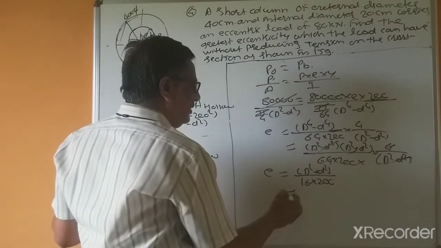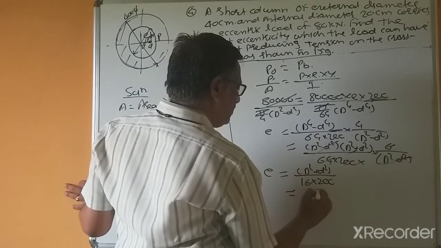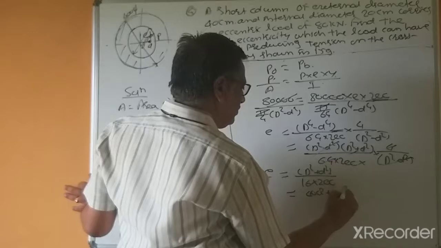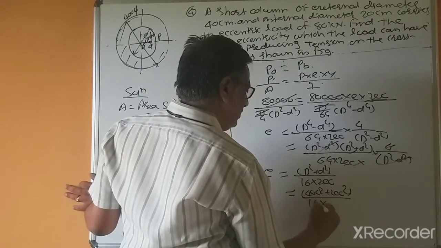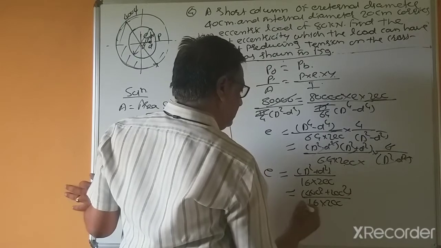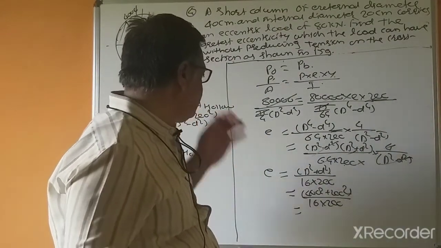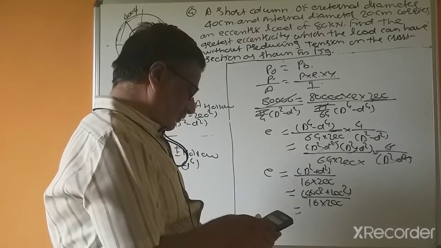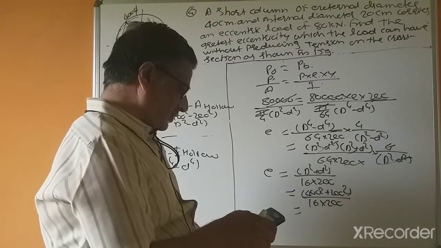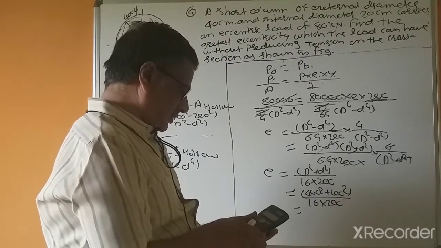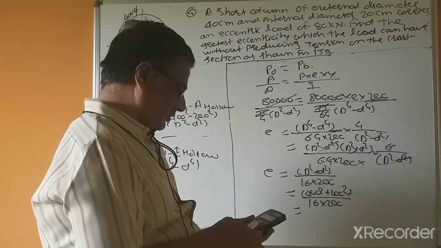So we can write this as 400 square plus 200 square divided by 16 and divided by 200.